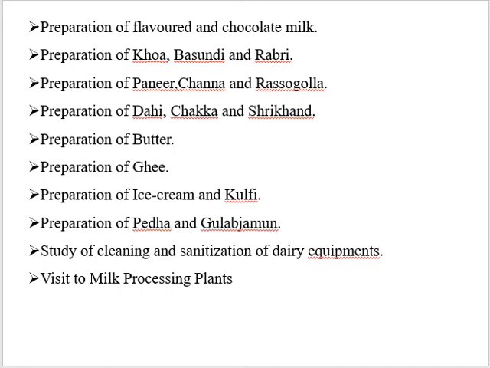Practical number 7 to practical number 14 all cover manufacturing of different milk and milk products. In that, practical number 7 is the preparation of flavored and chocolate milk.